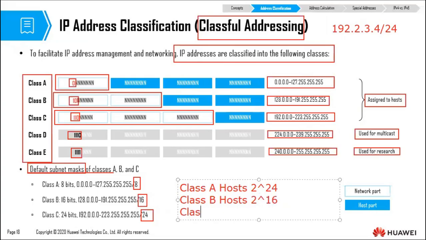And lastly, class C, 2 raised to power 8. You can see this will give you how many addresses? 256.